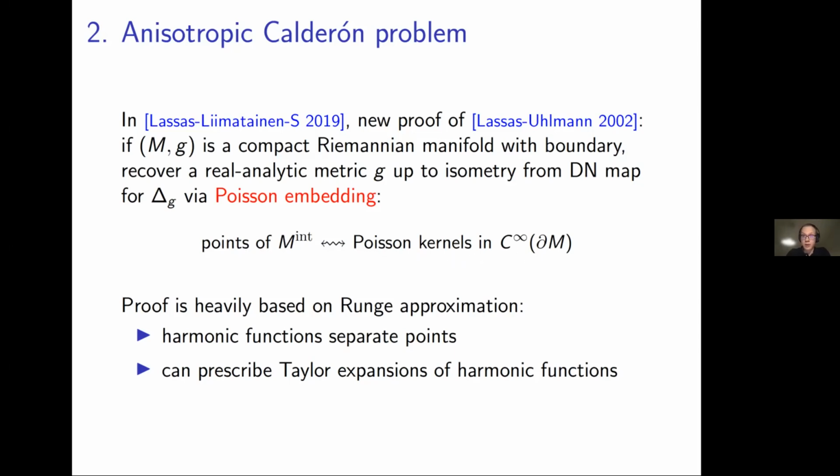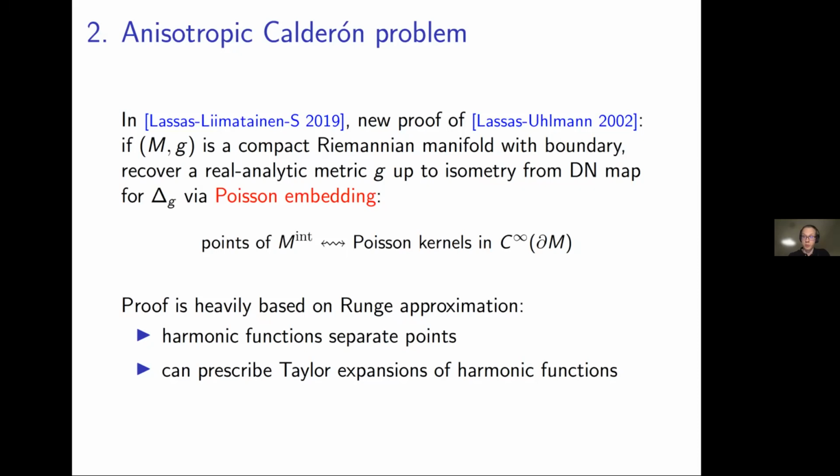So they live in the set where you can do measurements. And I'll only mention that the proof of this result is also heavily based on Runge approximation. It uses basically two facts. The first fact is that harmonic functions separate points. If you have two distinct points in your domain, then you can find a solution of the PDE which takes different values at those two points.